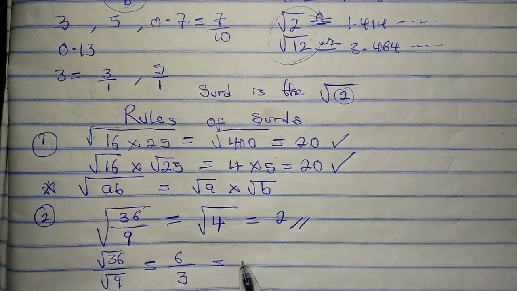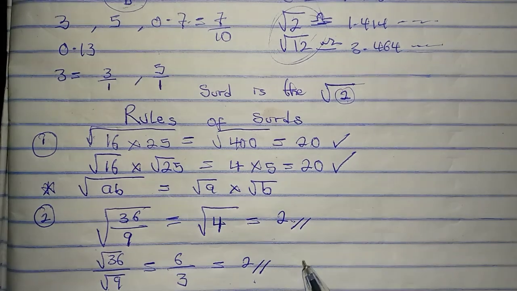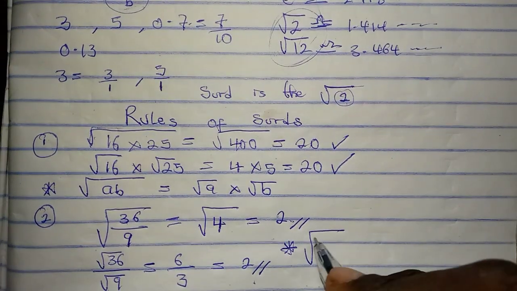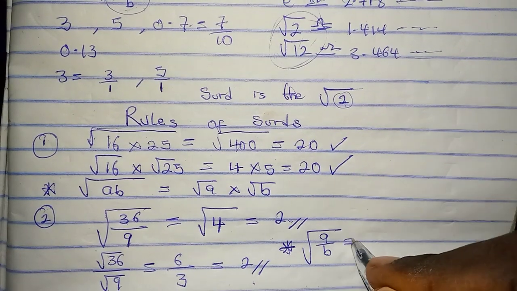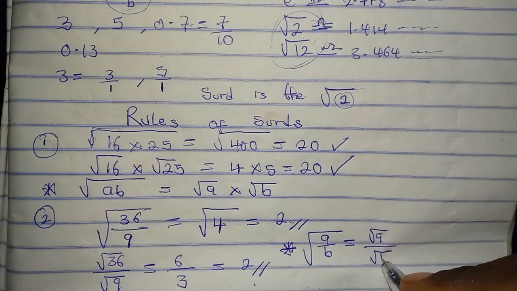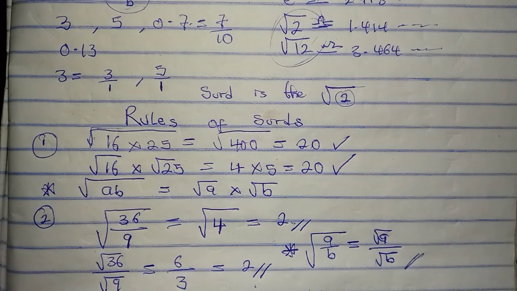You can see that the result is the same. Therefore, we derive this rule: root of A over B is equal to root A over root B. This is also another rule of SURD.